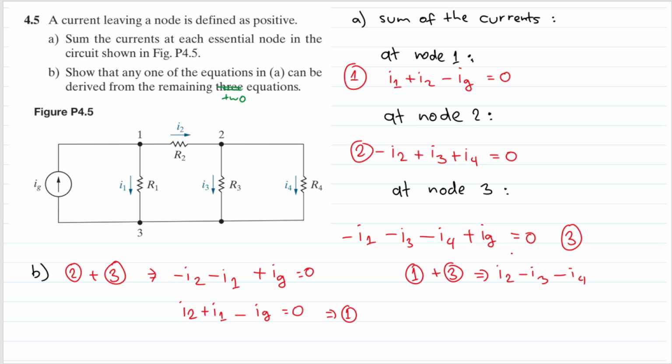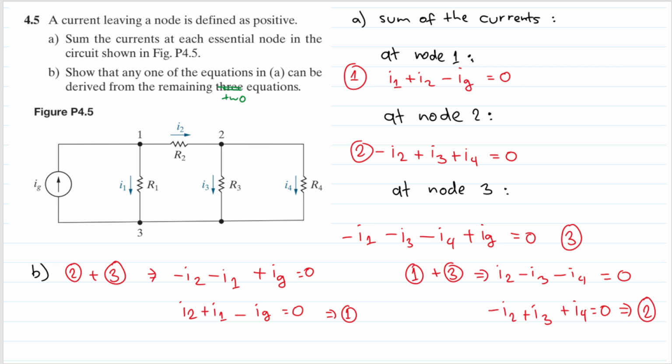Then minus Ig and plus Ig will cancel each other, and so we will have this as 0. And we can flip the sign: minus I2 plus I3 plus I4 is equal to 0, which is the same as equation number 2.